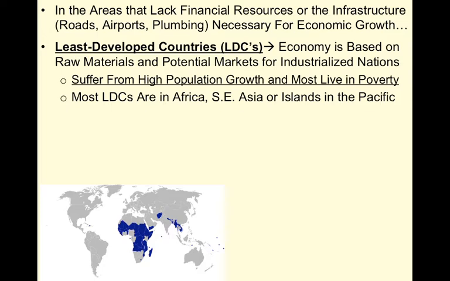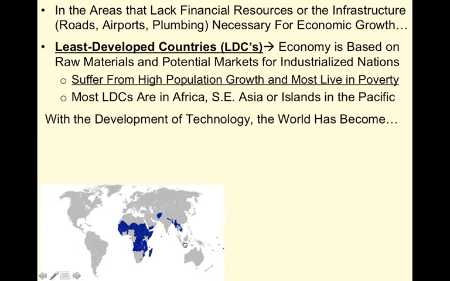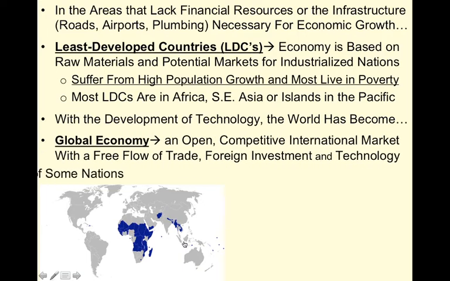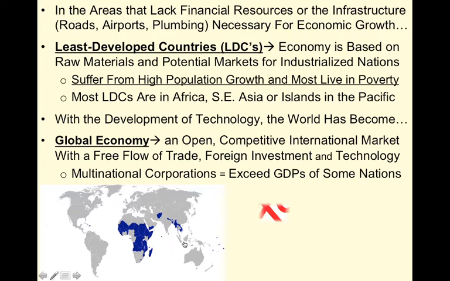These are kind of your whipping boy countries of the world, mostly in Africa, Southeast Asia, and areas of the Middle East. But what we're seeing is all these different countries of the world are coming together, and when one thing happens in one part of the world, it affects other countries in another part of the world, because our world is becoming more of a global economy, or you'll see the word globalization.